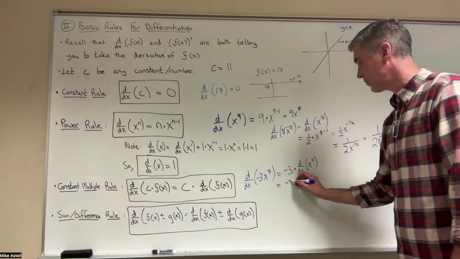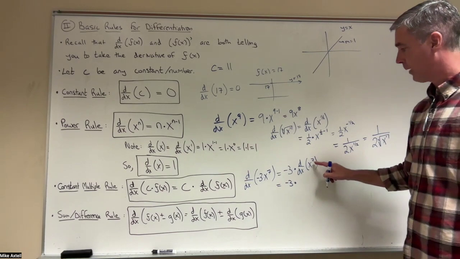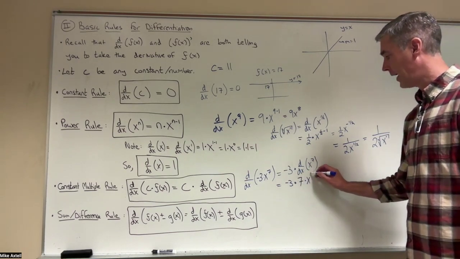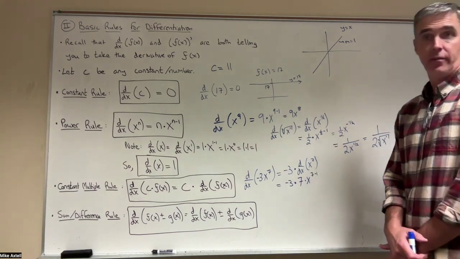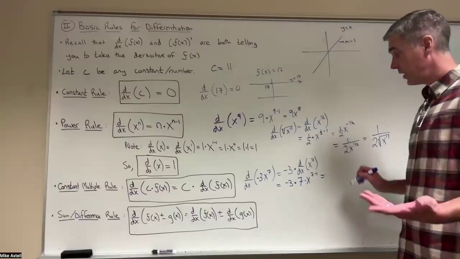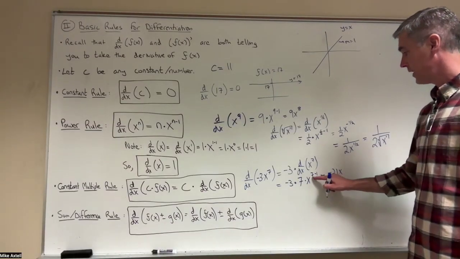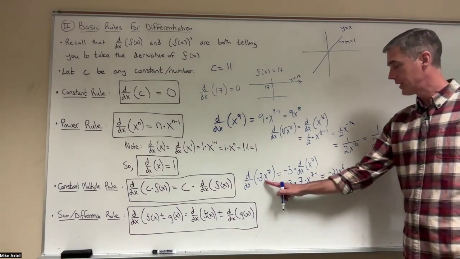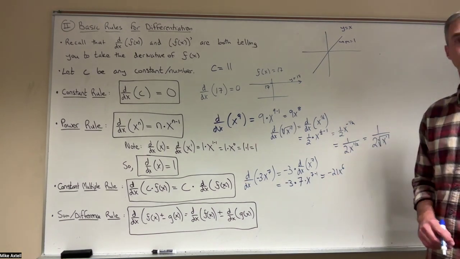So there's my negative 3 just floating around. And for the derivative of x to the 7th, the power rule says take your 7, drag it down in front, and multiply by x to the power of 1 less than what we started with, so 7 minus 1. And then I just clean up. Negative 3 times 7 is negative 21. 7 minus 1 is 6. So the derivative of negative 3x to the 7th is negative 21 times x to the 6th.